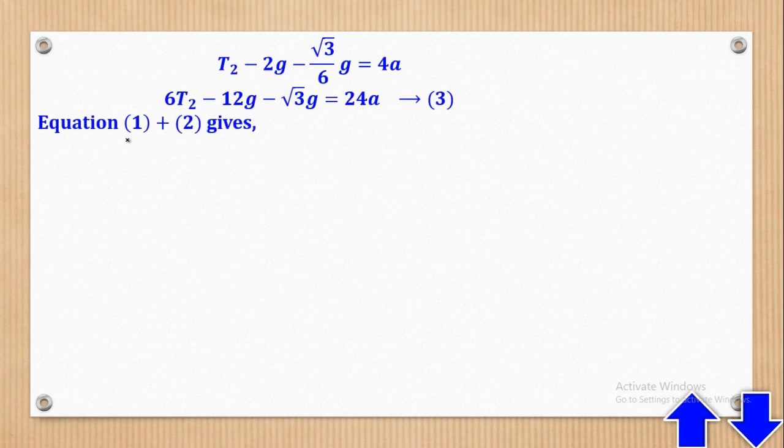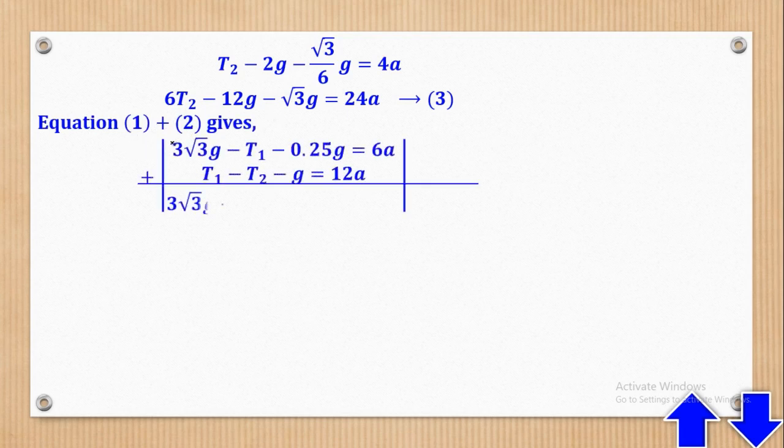So I'll begin with equation 1 plus equation 2. So when I add equation 1 to equation 2, this is what I'm going to get. So this was equation 1, this was equation 2. Now I'm going to add. And when I add, you realize that this T1 can cancel. So I remain with root 3g, which is there.